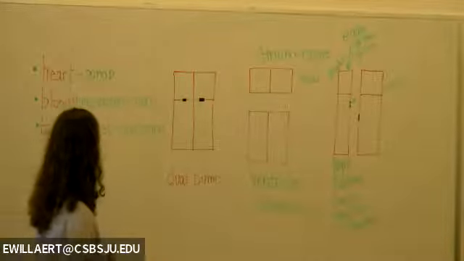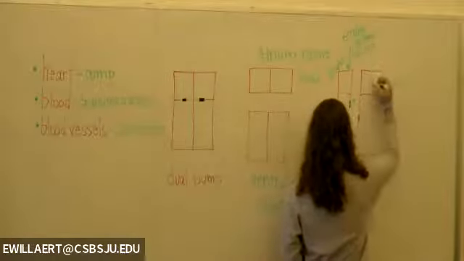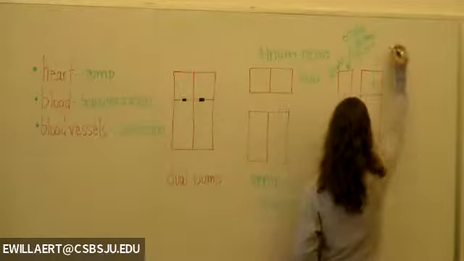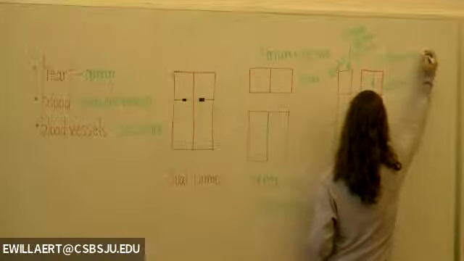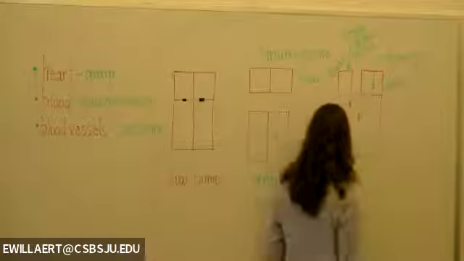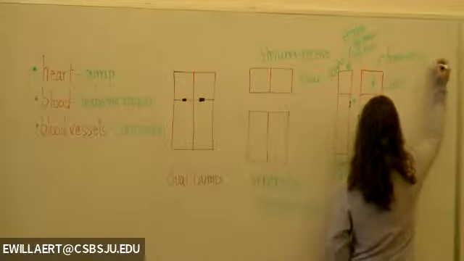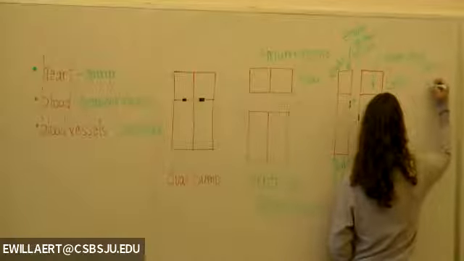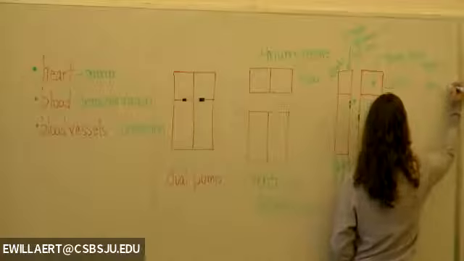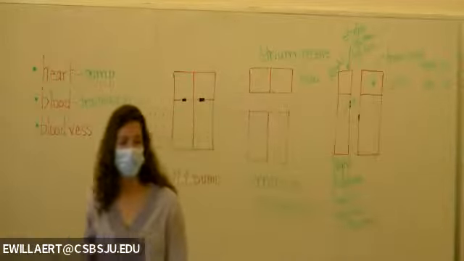And then from the lungs, it's going to come back to our left atrium. And now it's going to be the opposite: high in O2, low in CO2. That's what happens in the lungs, right?